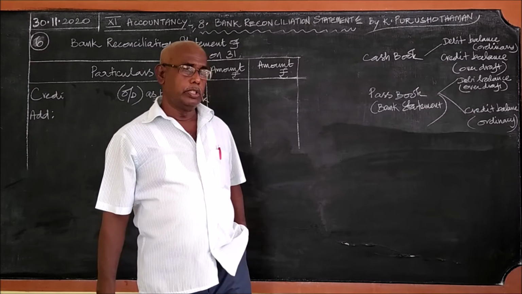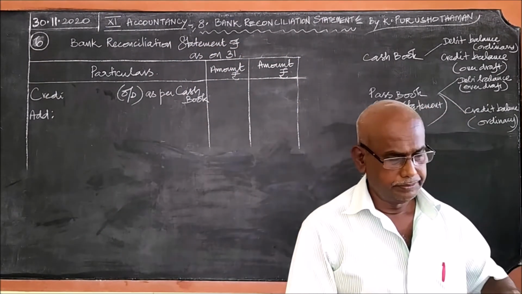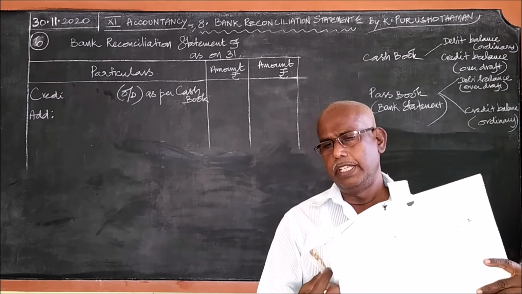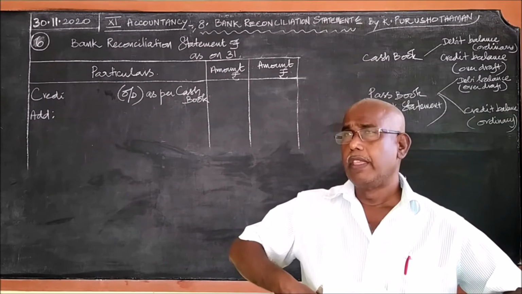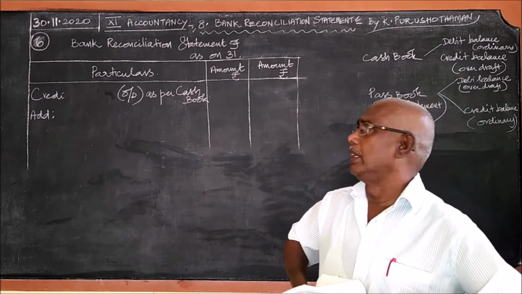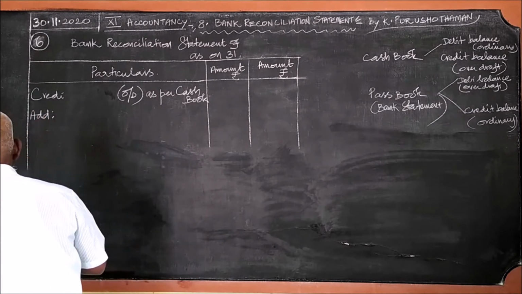Now we shall pass on to problem number 6. What is given in problem number 6? In problem number 6, the same overdraft as per cash book.